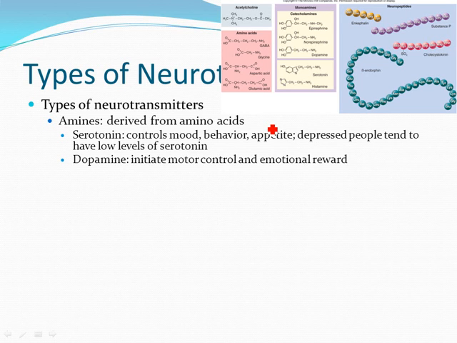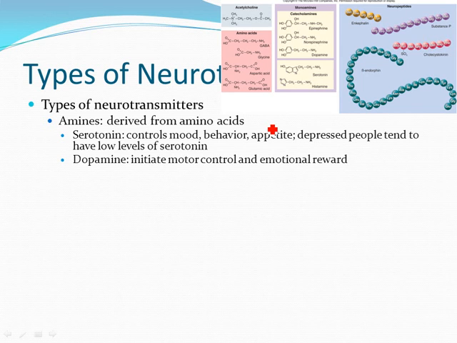Alright. Dopamine, on the other hand, this actually helps us initiate motor control, and it's also our emotional reward center. So, if you think about people with Parkinson's, they tend to have low amounts of dopamine. And so people with Parkinson's will probably take something that mimics dopamine, L-Dopa, and stuff like that.